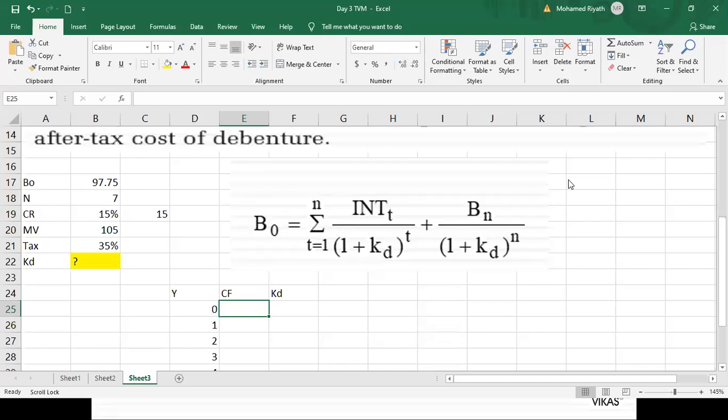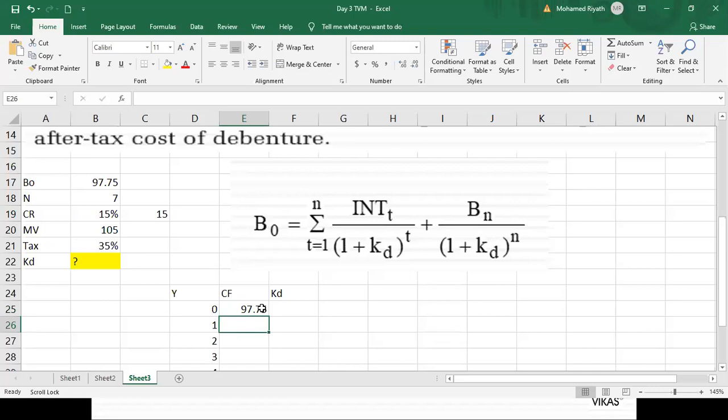Dylan Madhushanga, please respond. You can respond in the chat box. No, not 100 rupees. Yes, exactly, 97.75. You have to spend 97.75 to purchase one unit of bond, one bond.